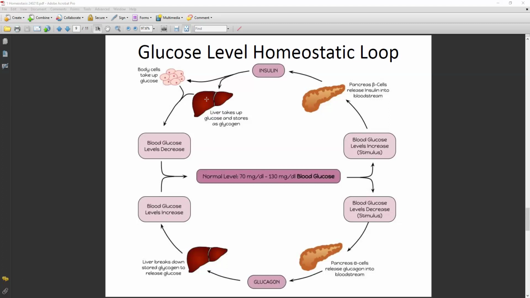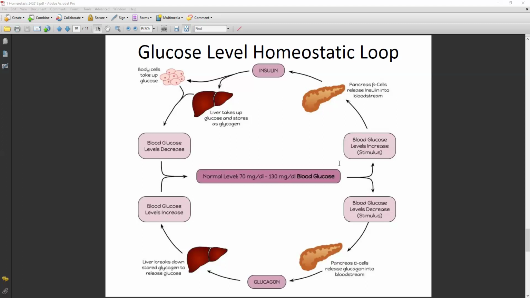When the blood glucose level is high, the insulin will directly act on these effectors. These effectors include the liver, the fat cells, and also the muscle cells. Insulin will act on these three to ask them to take in, or uptake, glucose from the blood in order to decrease blood glucose level. So that is the homeostatic loop when blood glucose level is high.